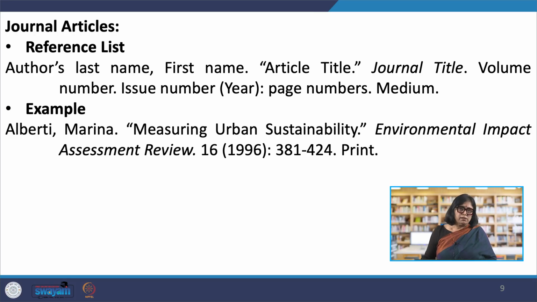Now, journal articles. In-text citation same as discussed. Reference list, basic format: author's last name, first name, article title, journal title, volume number, issue number, year, page number, medium. Example, Works Cited: Alberti, Marina, Measuring Urban Sustainability, Environmental Impact Assessment Review 16, 1996, page number, and then print.